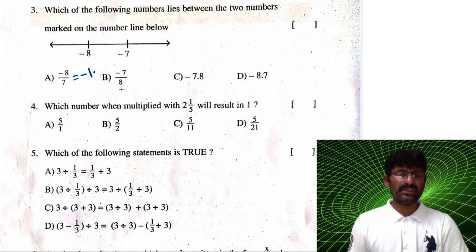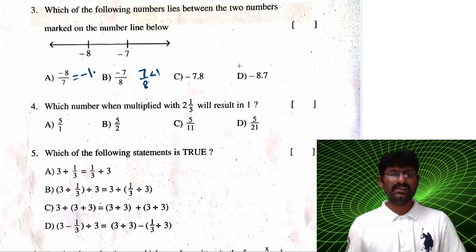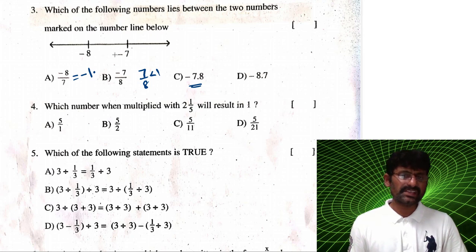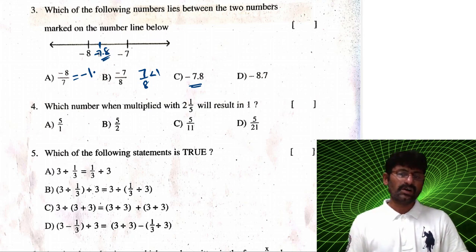Now B, -7 by 8. 7 by 8 is less than 1, so -7 by 8 is surely not in between -8 and -7. Now you see option C. This is -7.8, which lies somewhere here. So option C is correct.